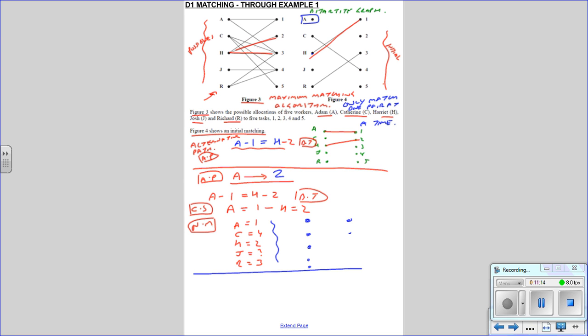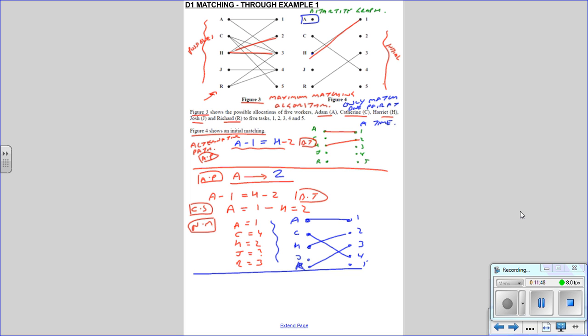So it always helps to draw the nodes again. So A, C, H, J, R. 1, 2, 3, 4, 5. So at the moment, A is to 1, C is to 4, H is to 2, J is unmatched, and R is to 3.